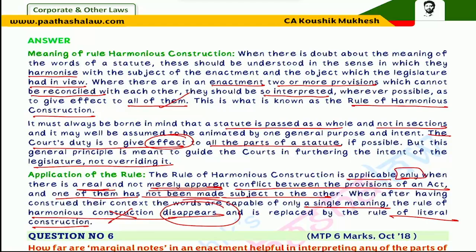When there are two or more provisions which cannot be reconciled with each other, they should be interpreted in such a way to give effect to all of them. Full stop. This is known as the rule of harmonious construction.